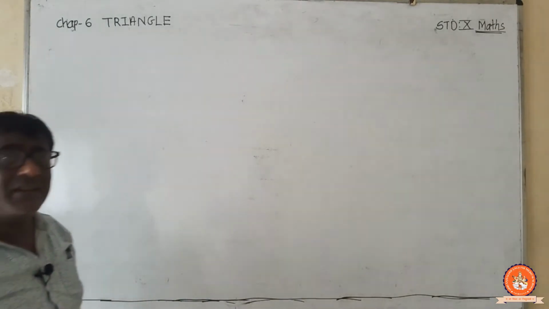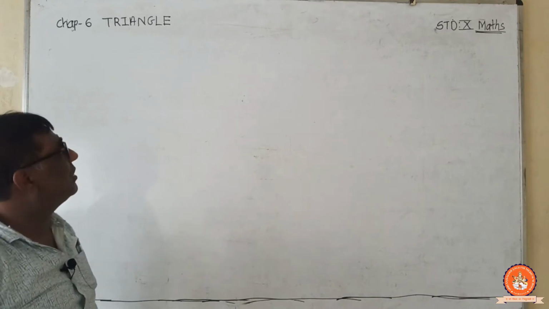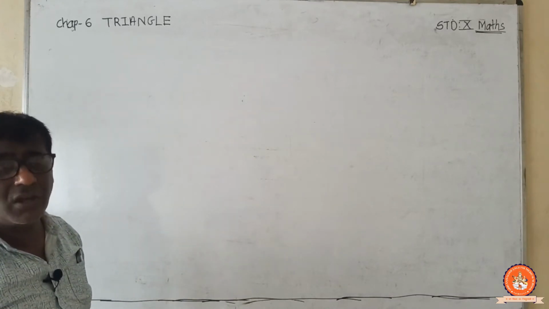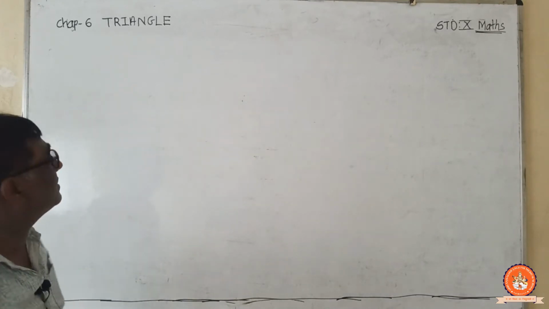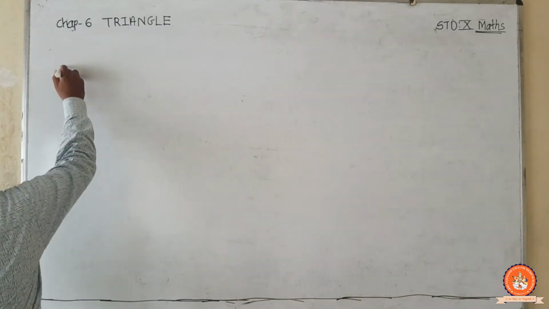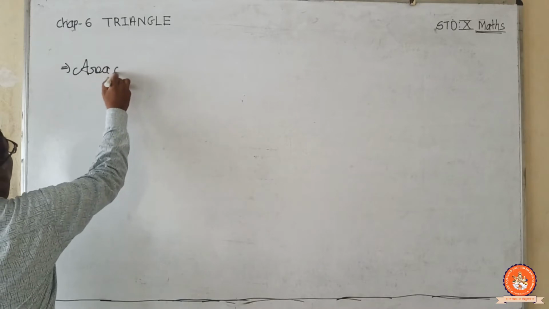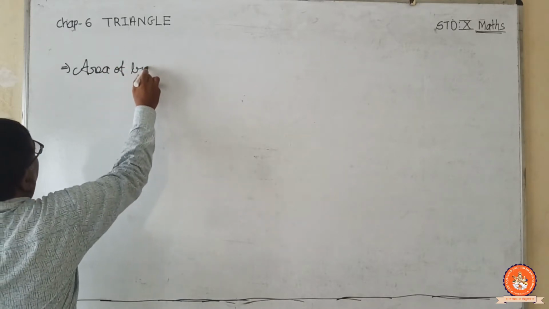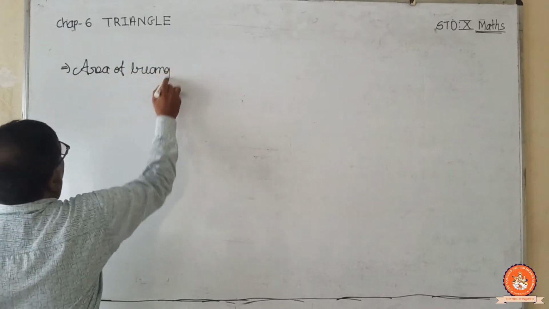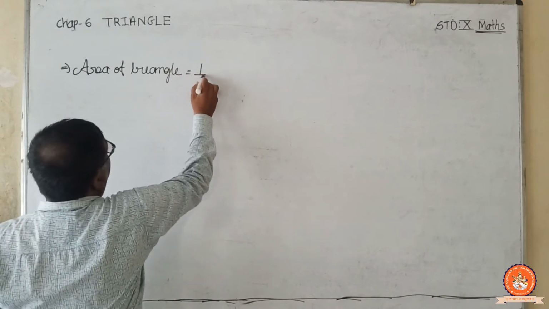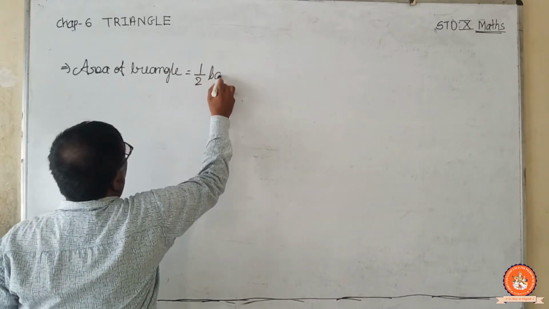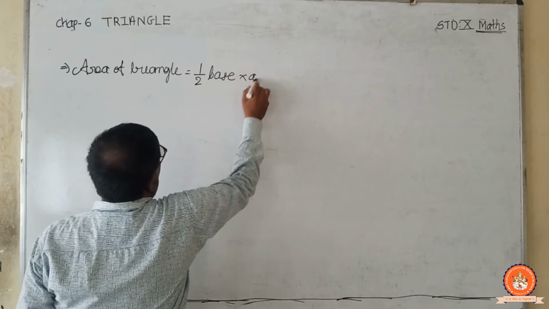And before we discuss the theorem, we have to learn a few things. We have to clear a few things. One of them is area of triangle is equal to half into base into altitude.